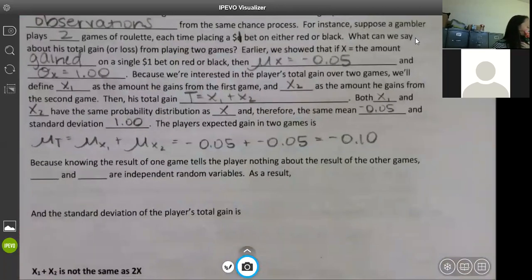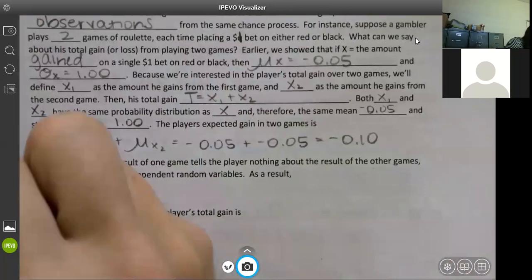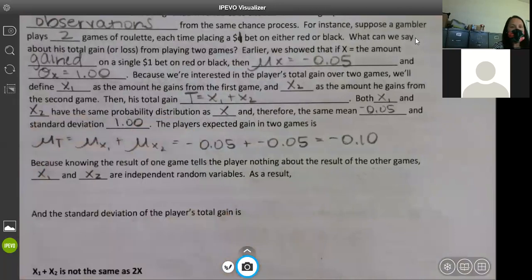Because knowing the result of one game tells the player nothing about the result of other games, X1 and X2 are independent. So the chance did not change of getting the red or the black between game 1 and game 2 because everything was reset.